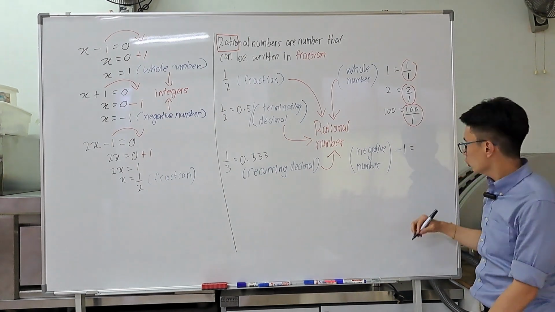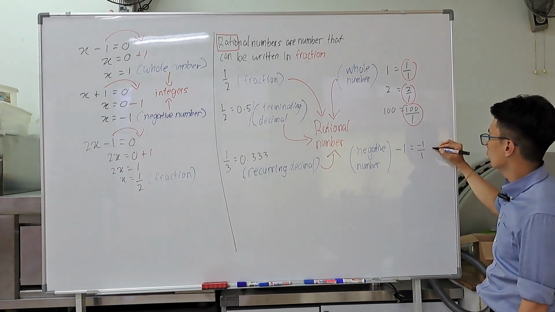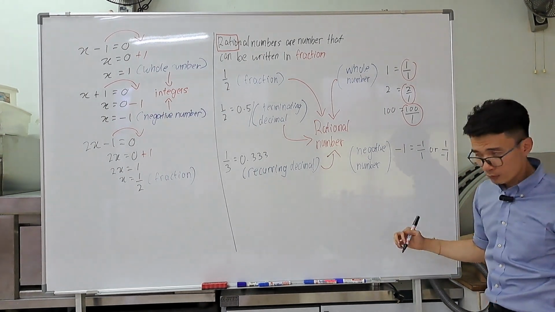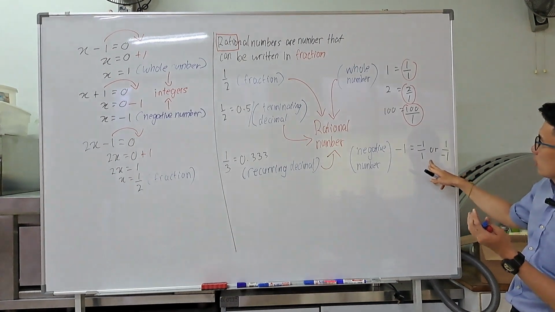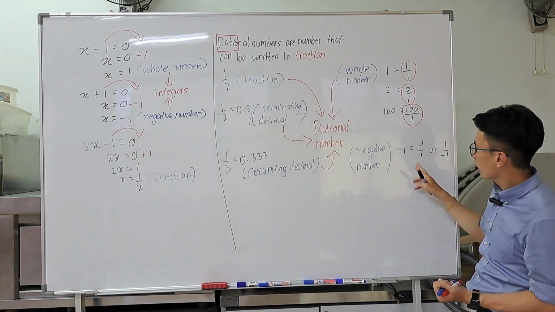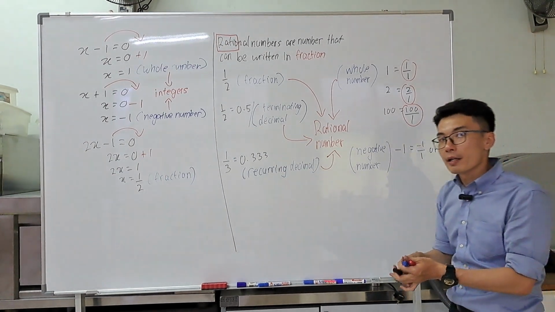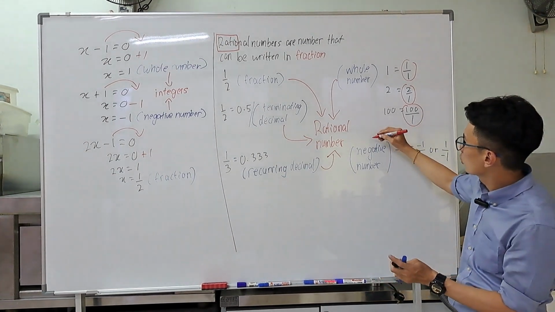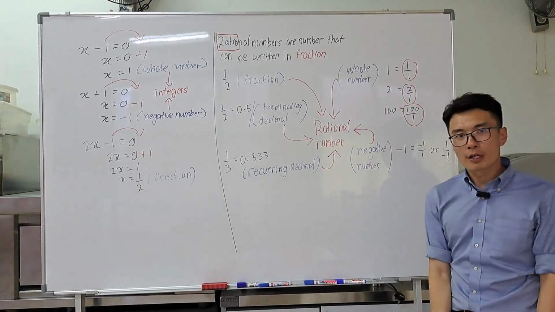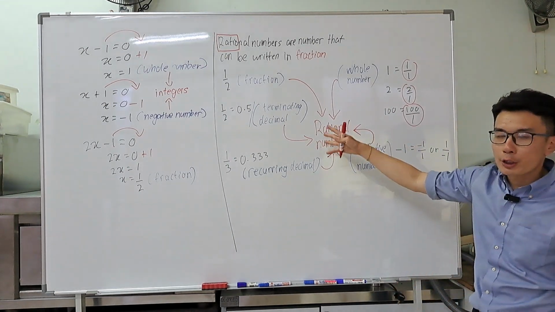I can write this in two ways as a fraction, which is negative 1 over 1 or 1 over negative 1. So this is very similar to the example over here. Since I can write a negative number as a fraction, by definition they also fall into the same family of rational numbers.